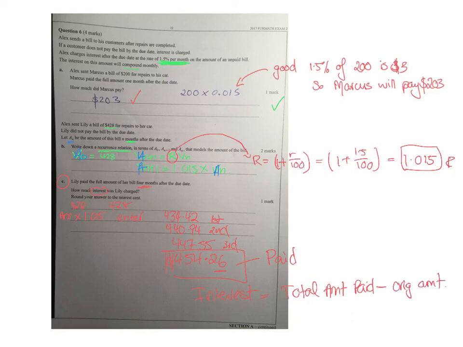You just worked out the total amount at the end of 4 months was that, and then you minus her original bill, which was 428, and then you end up with whatever that is, which ends up being 26.26. Okay, so there's that. Hope that helped.